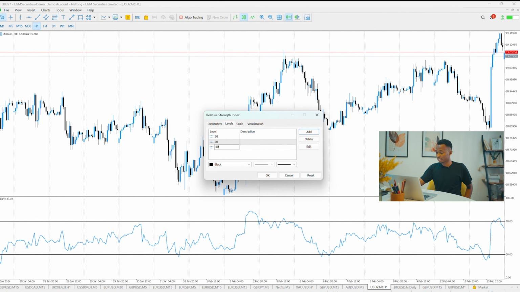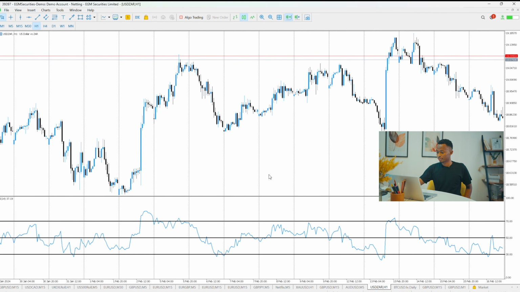On the mobile device, you just click on it and then add level and then add a 50 level like that. So it's very straightforward. Click on OK, and that's what we have. So click on done. Now we have an additional level on the charts, and that's the 30, 50 and 70 levels on the chart, yeah? So that's how we add levels on the RSI on a mobile device. So I'll just quickly switch back to the PC version.